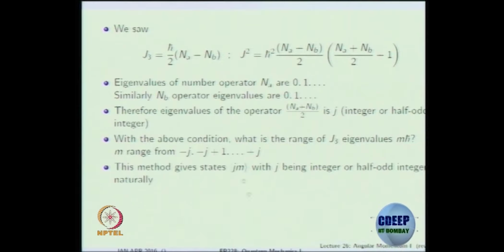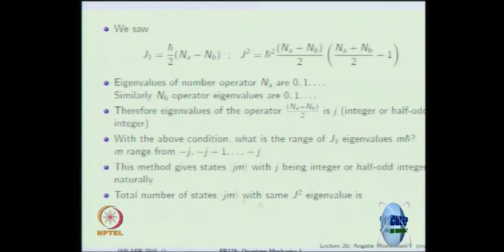Okay, so this method gives states jm with j being integer or half odd integers naturally and the total number of states jm with the same j squared eigenvalue, m goes from minus j to plus j. How many are there?